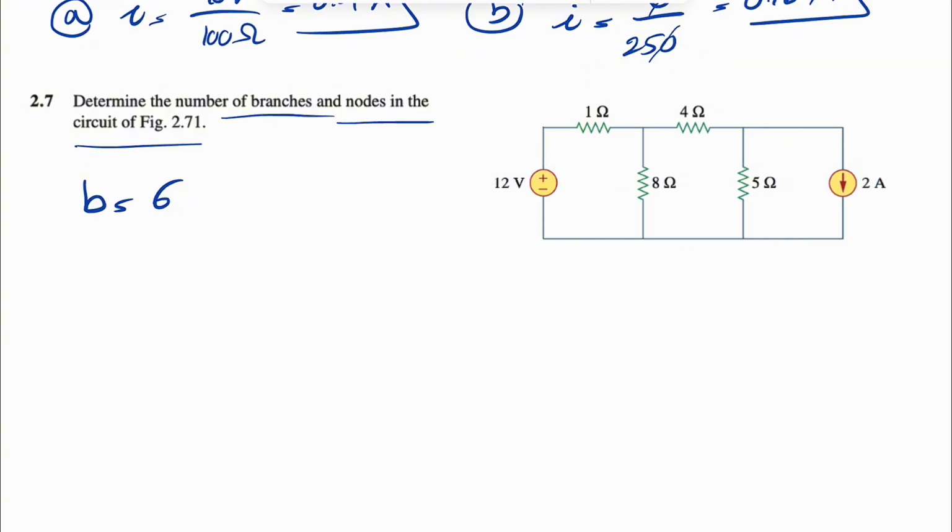For finding the knots, a knot is a point of connection between 2 or more branches. If we start, we can see that this is going to be 1, this is going to be 2, this will be 3, and you have more connections here, which is this one, this one, this one, and this.